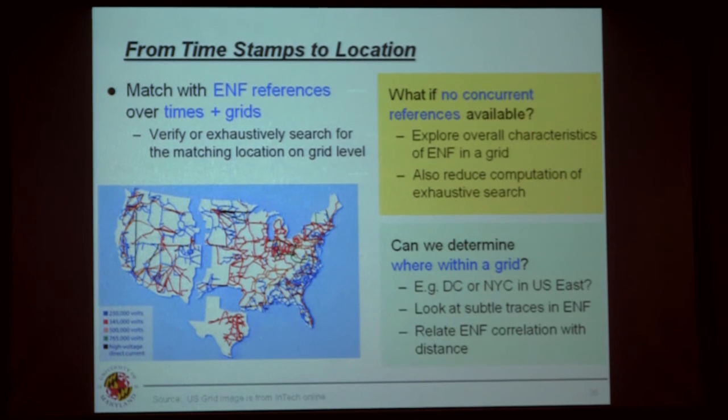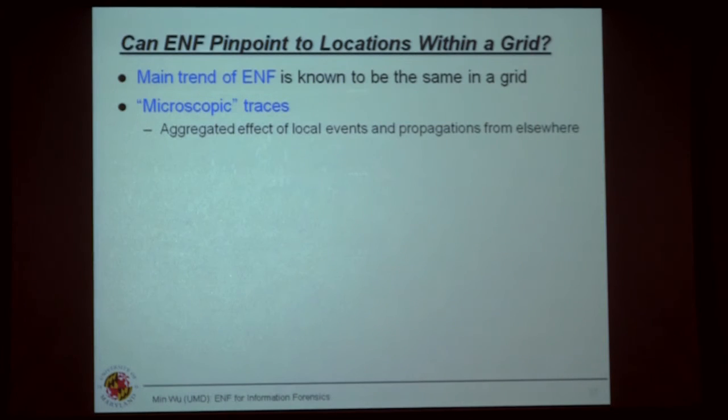This motivates us to look at whether there are subtle traces among the shared trends that we could use to pinpoint the location using ENF traces. This has never been done. We are giving it a try and also trying to face the challenges, and the challenges make it exciting.